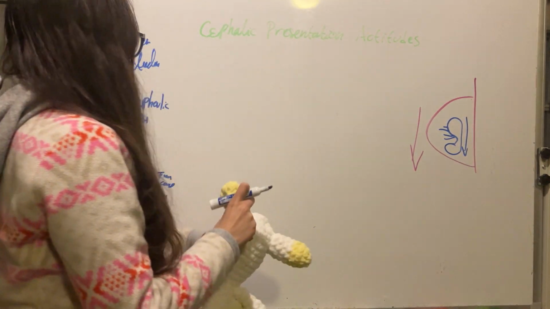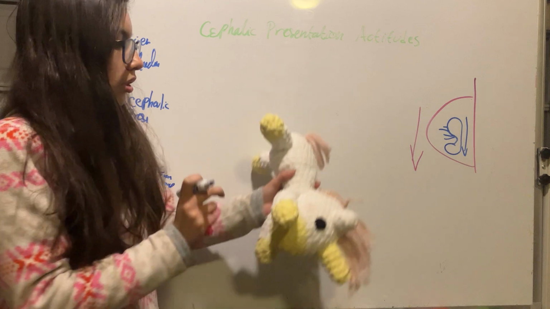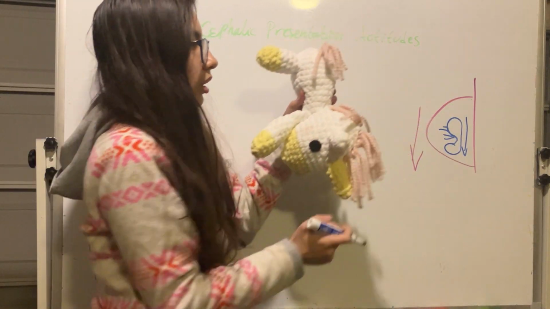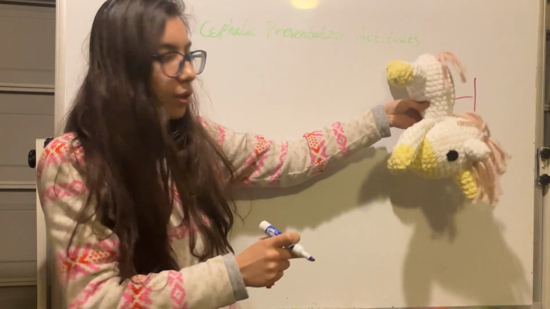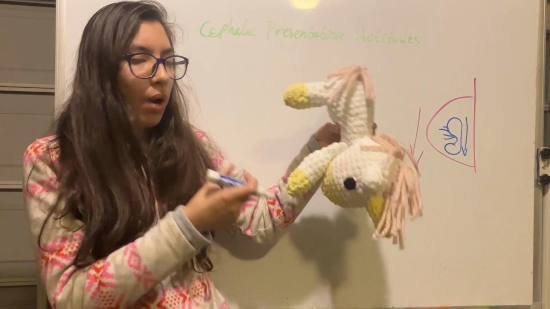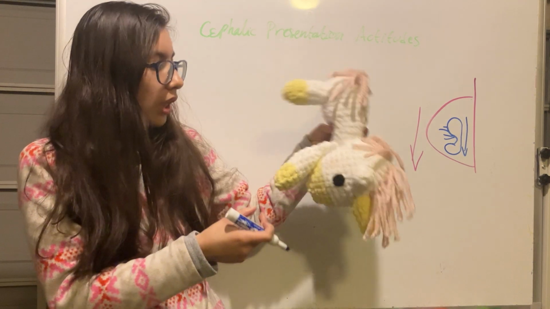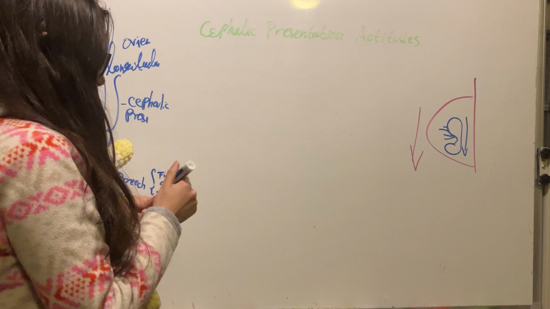So this is a longitudinal orientation with a cephalic presentation. So the head is what is presented through the birth canal, but specifically which part of the head is what is presented.